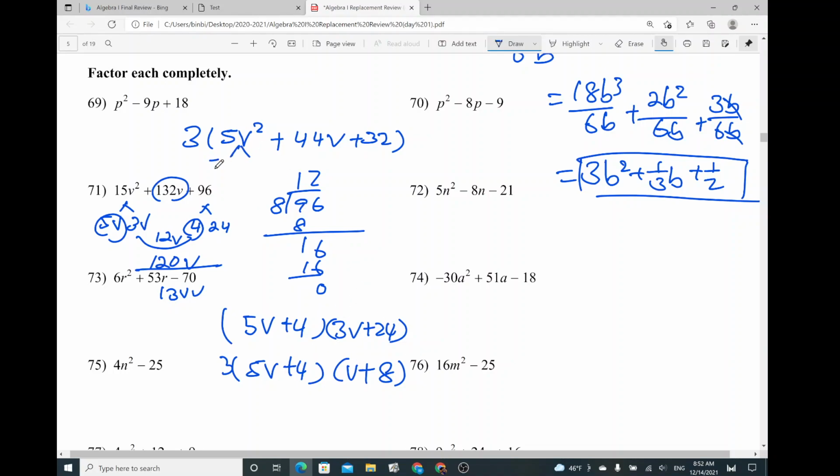So using the smiley face method, 5v, 1v, and then over here, which is what? 4 and 8. So 5 times 4, 20. So 1 times 8, 12. It's actually the other way.